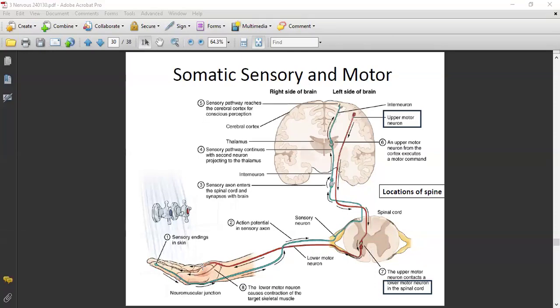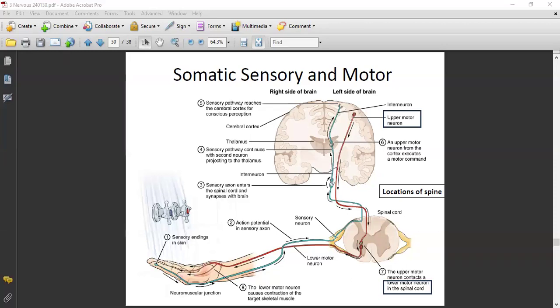Again, when we learn any new name, we think about location and function. So where are they? Upper motor neurons are in the brain. Lower motor neurons are in the spinal cord, and more specifically in the ventral horn of the spinal cord. So this is the spinal cord, this is the back, this is the front. In the back you have the dorsal, those are sensory. This one we just talked about.